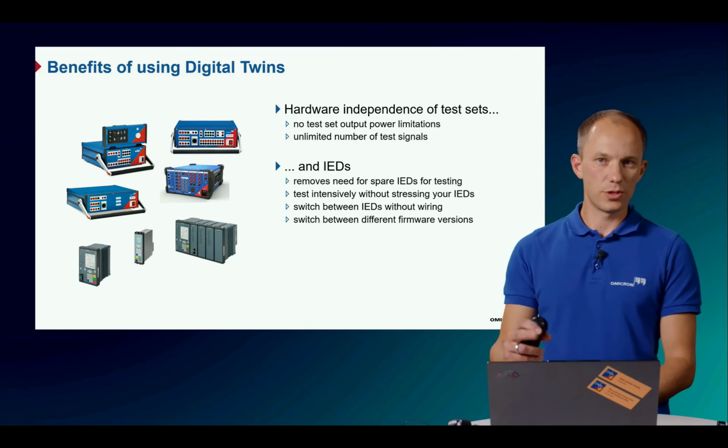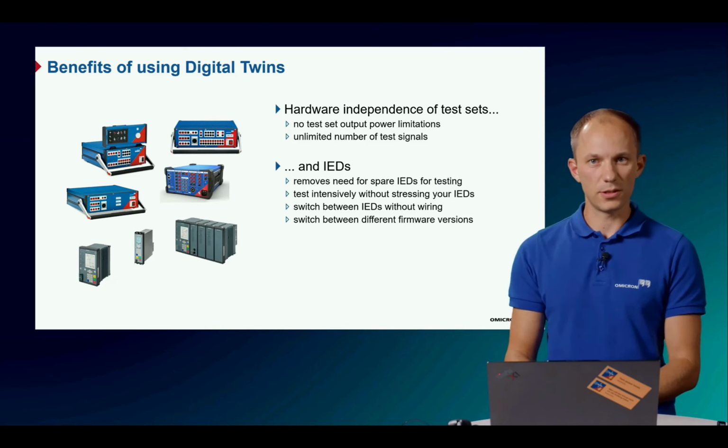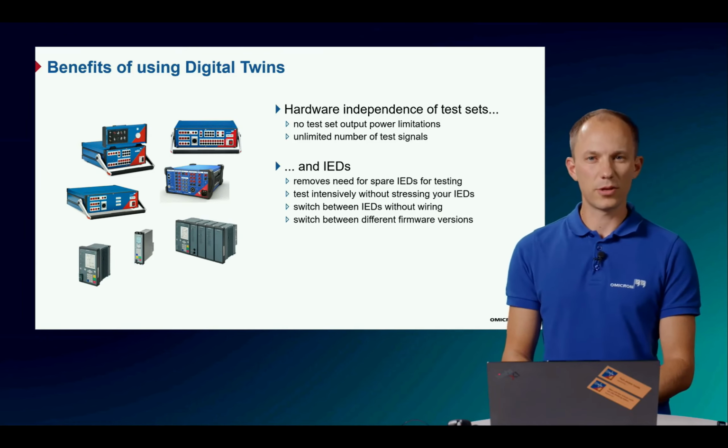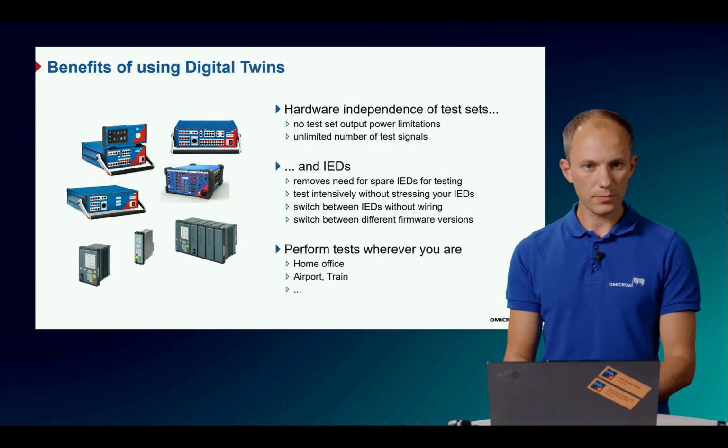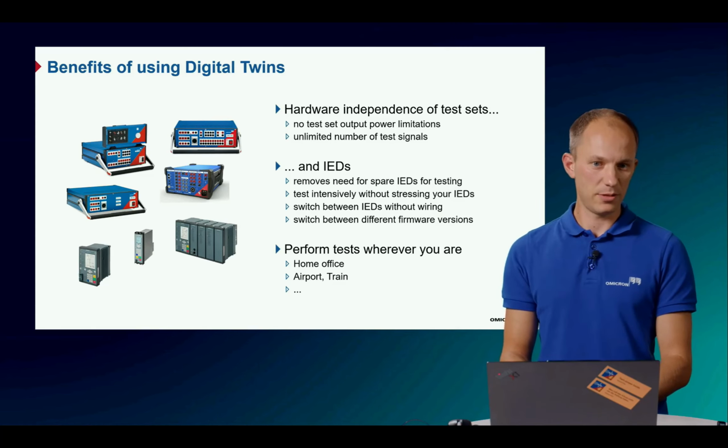You just choose the firmware version you want to test in the digital twin environment, and then you can start testing. And of course, you're independent of the location where you are. So that means if you work from home or if you're sitting in the train or at the airport when you have a business trip, that doesn't matter. The only thing you need is a stable internet connection.